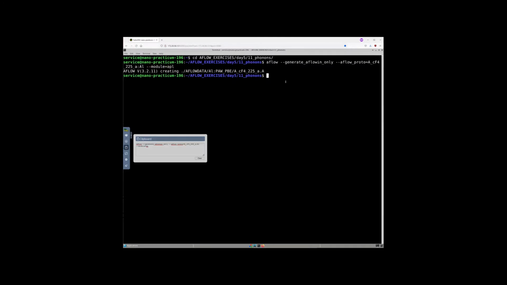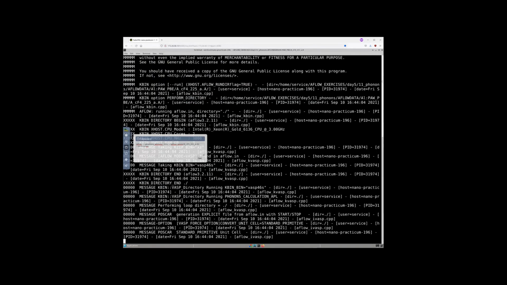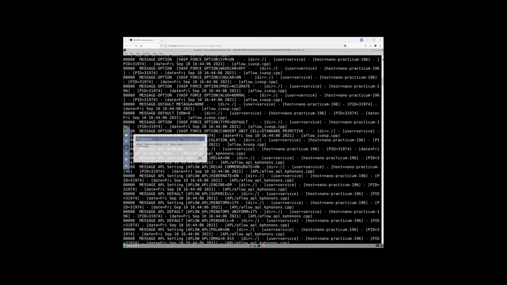We already saw something similar for the AGL and AEL session, and we will just go into the AFLOW data directory, hit tab twice because it's only one directory, and in there we run the AFLOW command, generate AFLOW in only, run -d current directory. I should have copied the command before I hit enter.